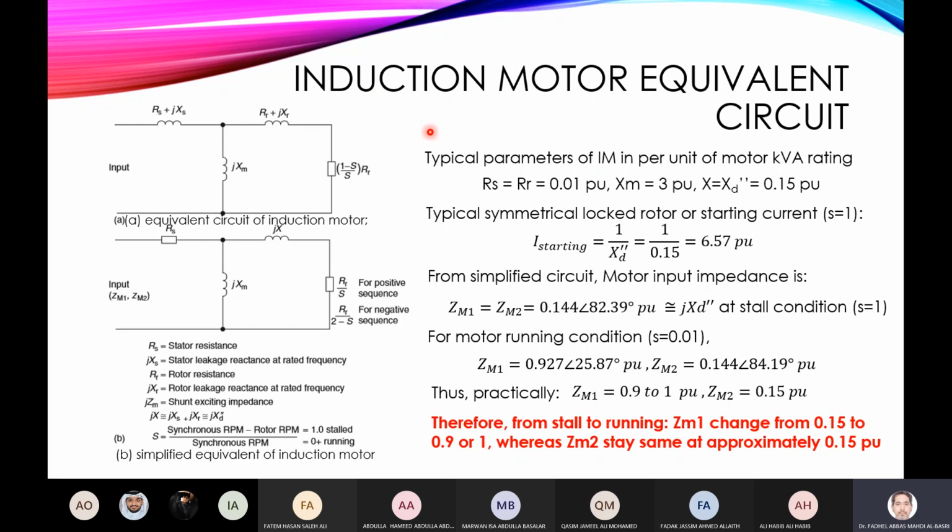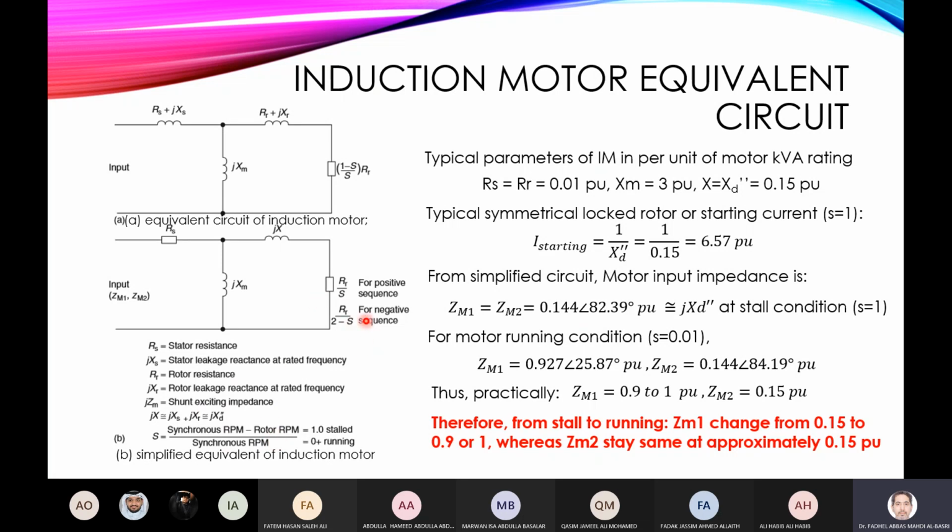So for induction motors, you know the equivalent circuits; you covered this in machines. For a simplified one, we represent the equivalent resistance of the stator and rotor, and this is represented as X_d'', the direct axis subtransient reactance.